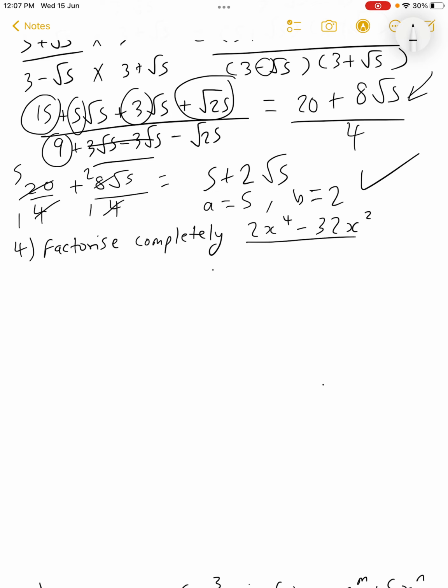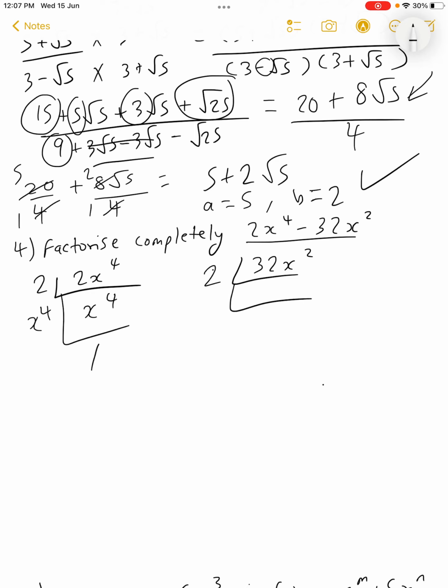2x raised to the power of 4 minus 32x raised to the power of 2. Now in order to do this, I like to use the HCF method. You guys can use any method that you like or prefer, or just find out what's in common between both of them. So you have 2x4, you have x4, that would make it 1.